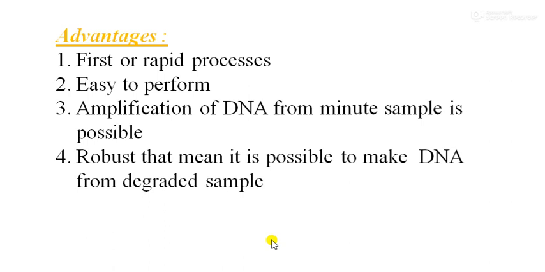Number 3, amplification of DNA from a minute sample is possible. Number 4, it is robust, that means it is possible to make DNA from degraded samples. We can create a DNA clone from degraded samples.